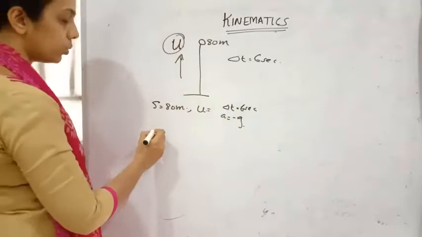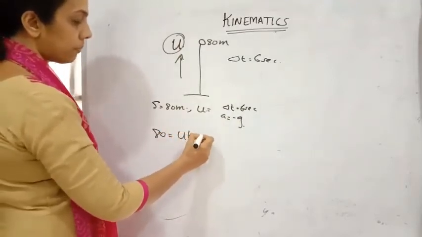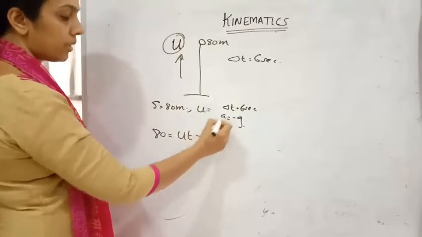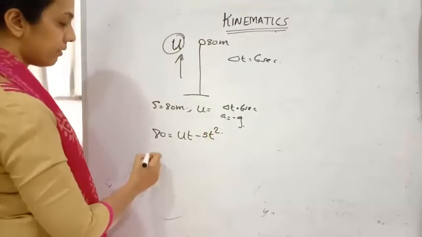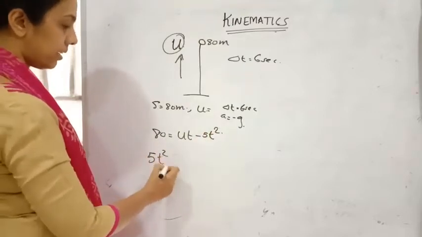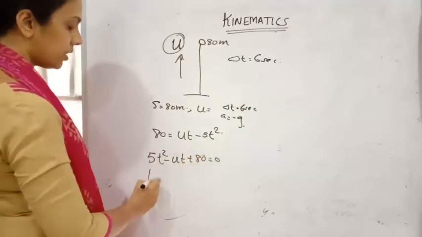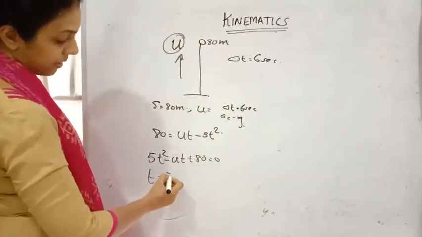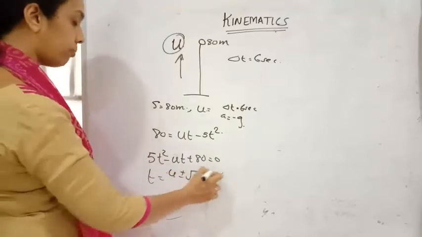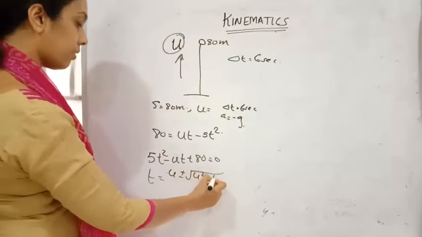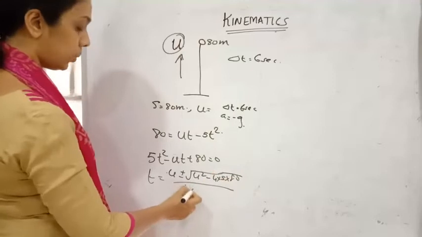So S is equal to ut plus half at square. S is equal to ut minus half into 10 into t square. Therefore we can write 5t square minus ut plus 80 equals 0. t is equal to minus b plus or minus root of b square minus 4ac, divided by 2a.